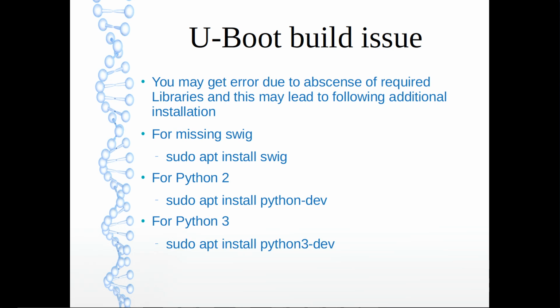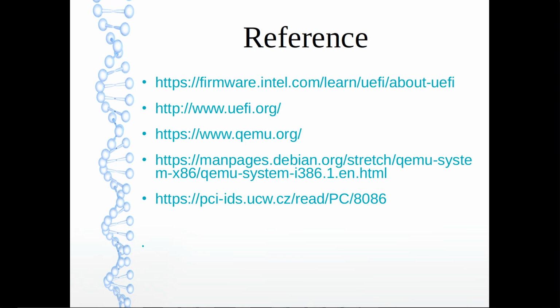Otherwise it was cool. And references I have provided, like firmware related information at the top, then UEFI information, and where you can find QEMU, and the features of this QEMU system i386 we can look at from this particular link, and the PCI ID I told you about is here.